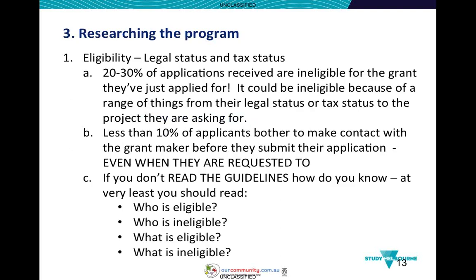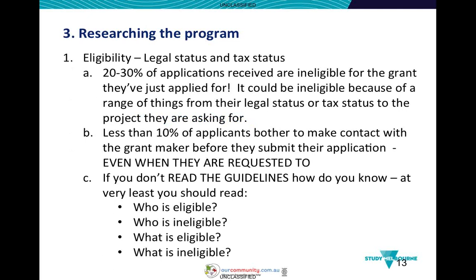The third thing we're going to be talking about is researching the program. Once we've identified the grant that we want to apply for, the first thing we need to be looking at is eligibility. It's really important to make sure not just that the activity that you're seeking funding for is eligible, but that you also have the right legal status and the right tax status, and that you're wanting those areas funded that the funder will actually pay for.